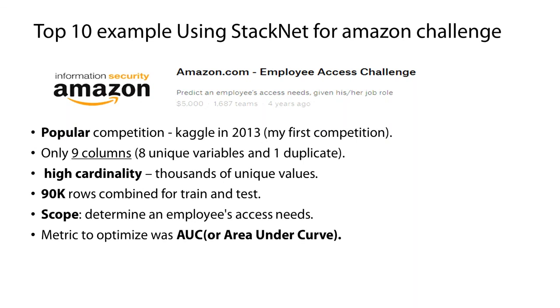And the metric we had to optimize was area under the ROC curve. If you don't know what this is, let's just say it is a score that tells us how good the discrimination of our prediction is on whether an employee will require special accesses or not.